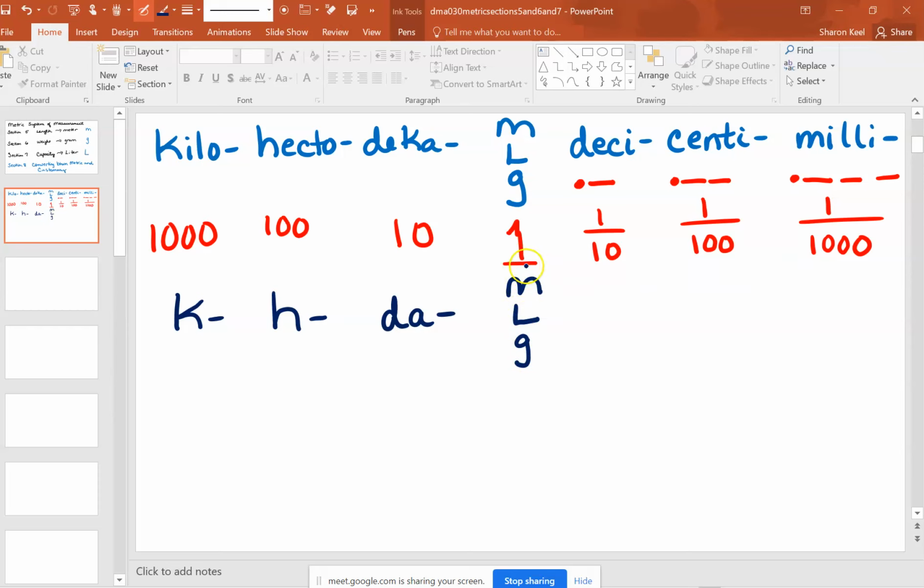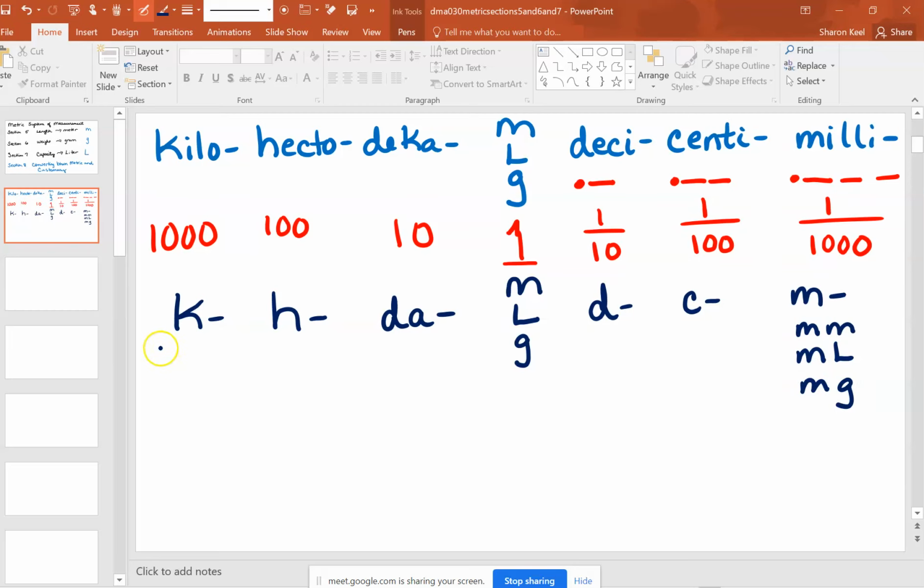One of these three will always go with those. Deci is just a D. Centi is just a C. Milli is just an M. Now, if you ever have an M completely alone, it's the meter. But if you have it here, it would be either MM for millimeter, ML for milliliter, or MG for milligram.